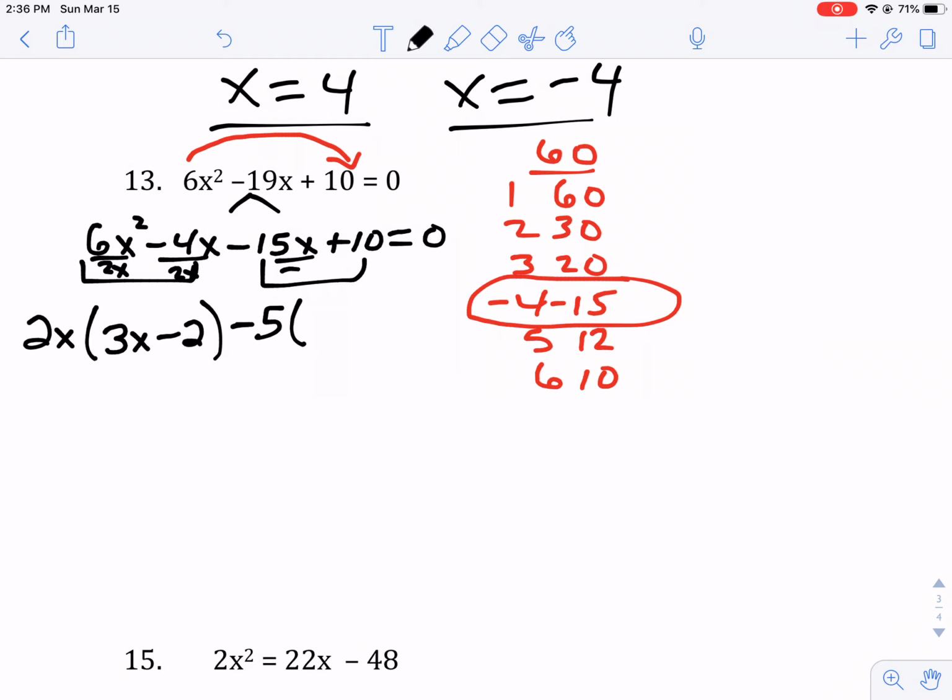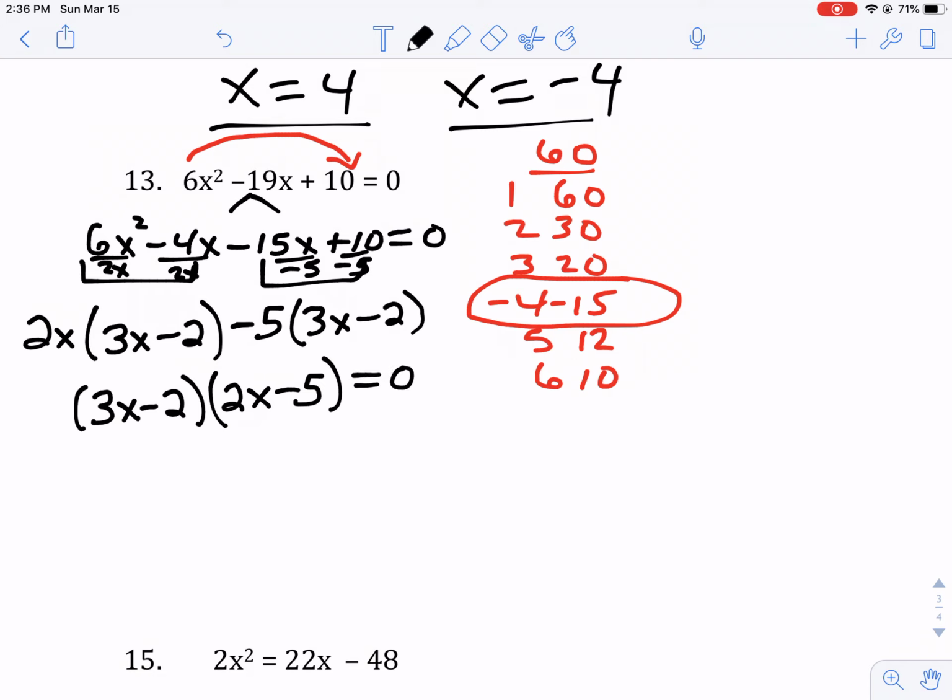So we're going to divide both by negative 5. That's going to give us a positive 3x, and 10 divided by negative 5 is negative 2. My parentheses match, which is a good thing. So my final factors are 3x minus 2, and the little GCFs go in parentheses, 2x minus 5, and I still have this equals 0.